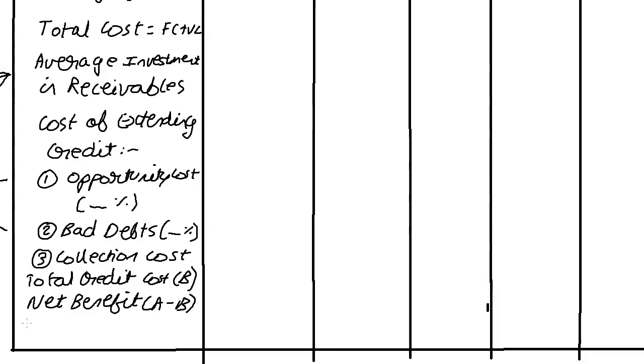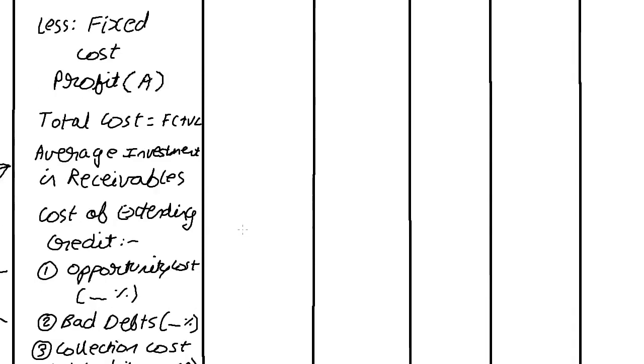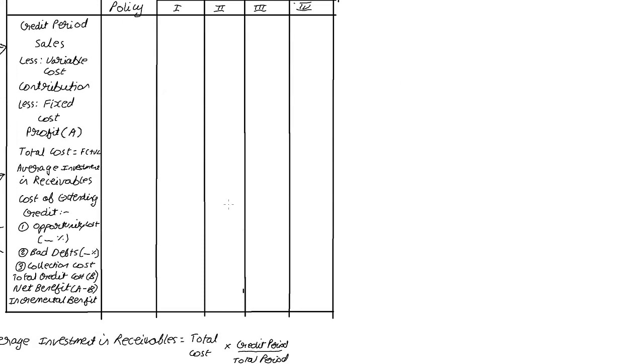And then finally, we calculate incremental benefit, which, if let's say we have the net benefit of the existing policy, the net benefit of the existing policy, if that was to be P. Okay, so let's say it is P for policy 1, we got Q, R, S, T. What happens to calculate incremental?